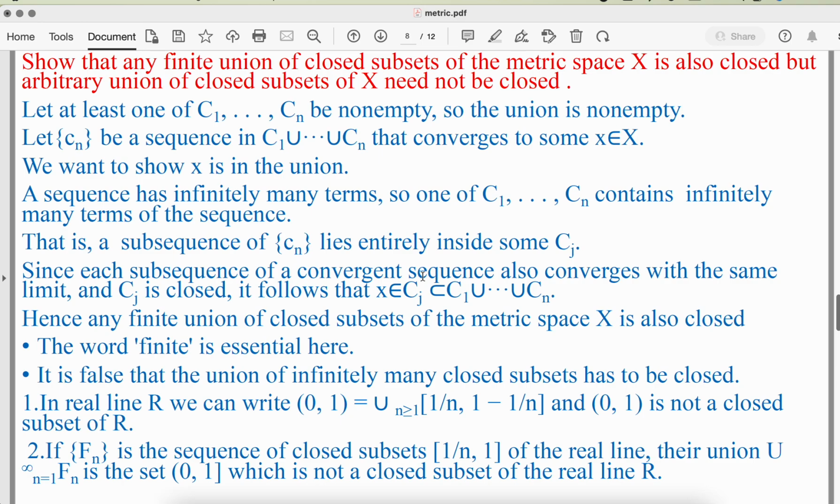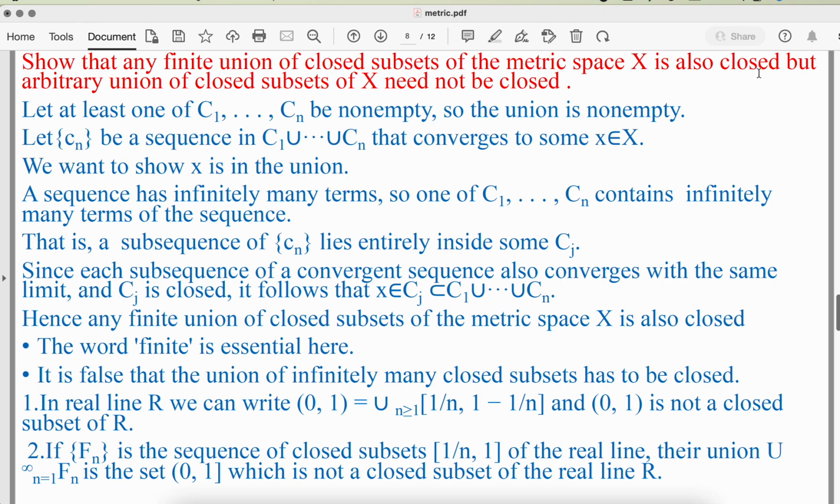But where is this Cj? Cj is a member of the family. It means Cj is contained in the union of these Ci's, meaning C1 union C2 union ... union Cn. Hence, a finite union of closed subsets of the metric space X is also closed.